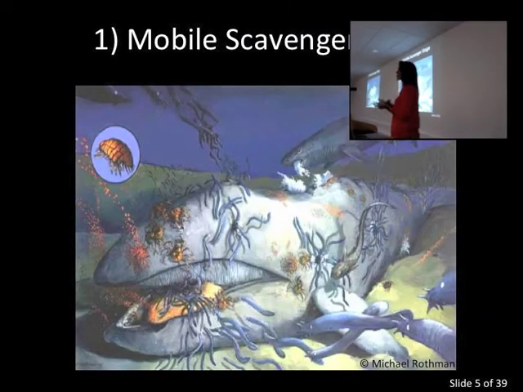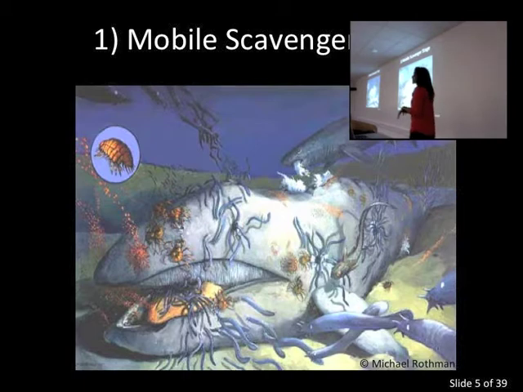So, when a whale carcass arrives on the deep sea floor, it tends to go through 3 stages of decomposition. The first stage is known as the mobile scavenger stage. And this is when the carcass is fairly intact and many large scavengers move in to eat the flesh of the whale. So you tend to get things like 6-gill sharks and other deep sea sharks, hagfish, rat-tail fish.